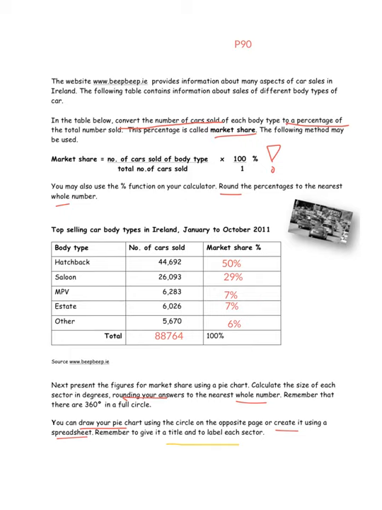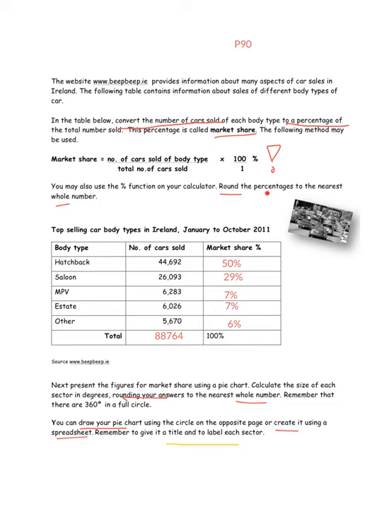Okay, so every single time you are asked how to convert the number of cars into the percentage out of the total, you need to divide these numbers by the total and multiply by 100. You can type it into a calculator.